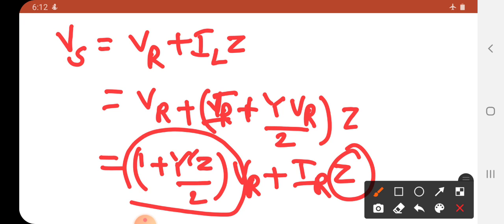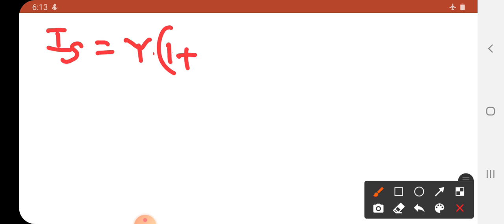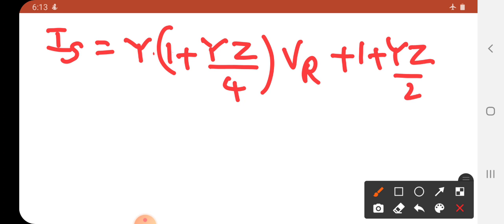Now again we go to the sending end current. If you substitute these values, that is the Vs value, the equation for sending end current is Is is equal to, if you separate the VR terms and IR terms, Y into 1 plus YZ by 4 into VR plus 1 plus YZ by 2 into IR.